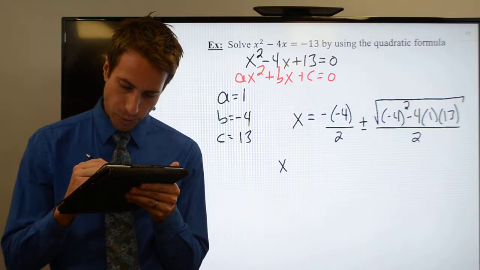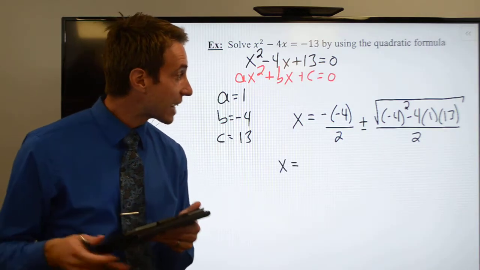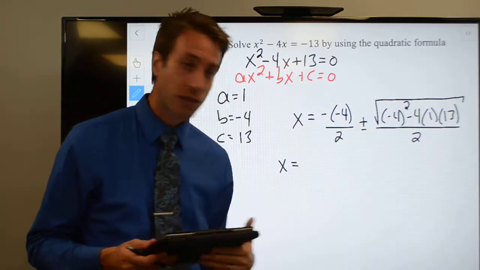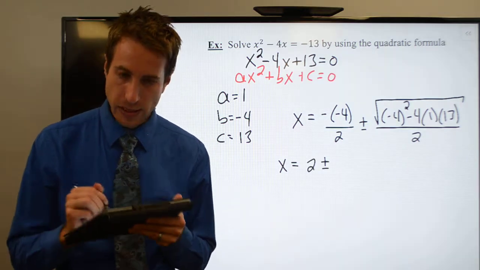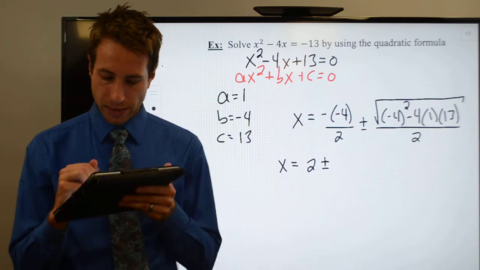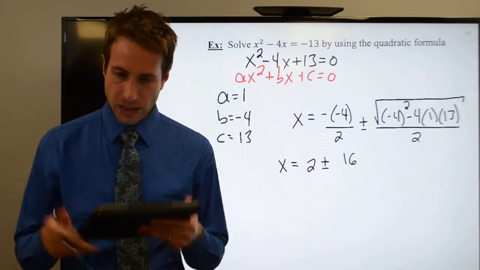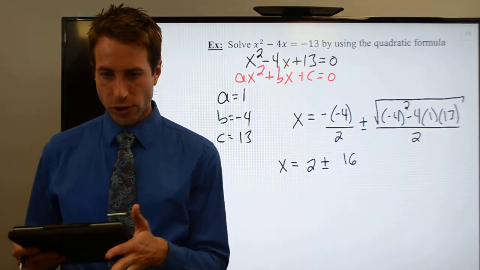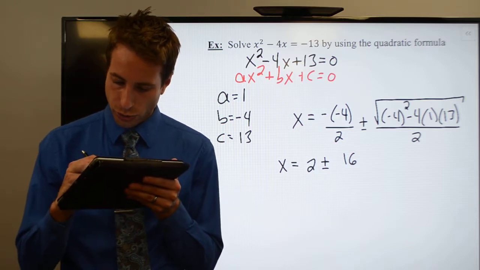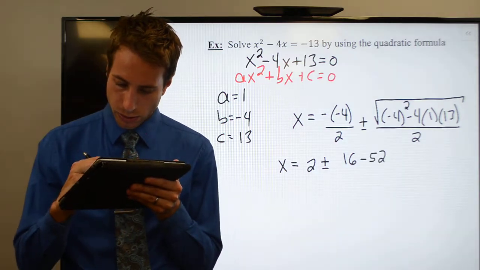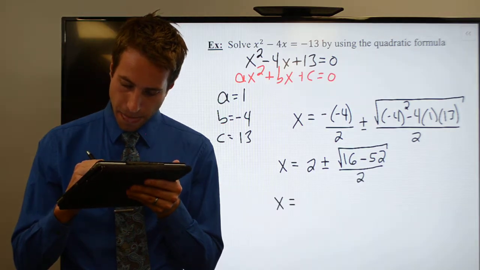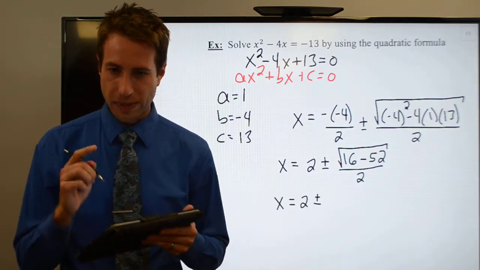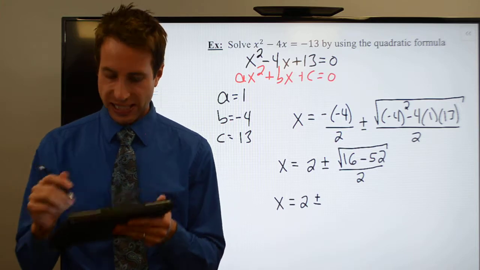And here's what we wind up with. Negative times a negative is going to be a positive 4. Positive 4 divided by 2 would just be a 2, plus or minus. A negative 4 squared is going to be 16, and 4 times 13 would be 52. 16 minus 52 is going to be -36.